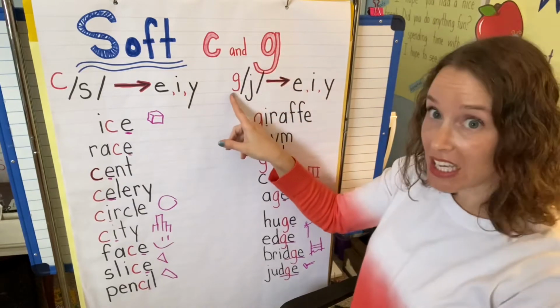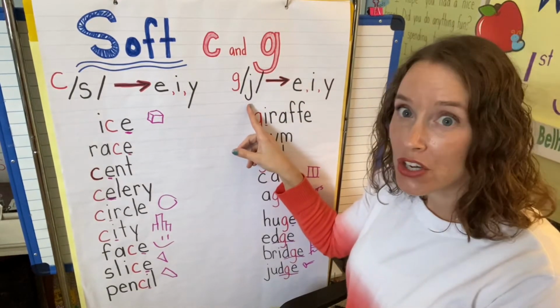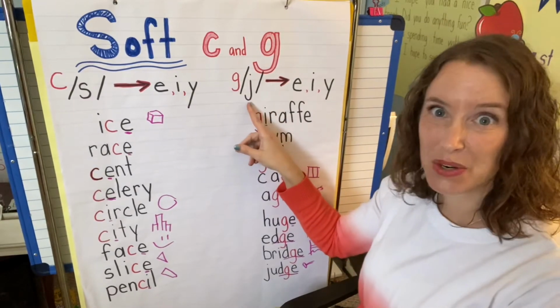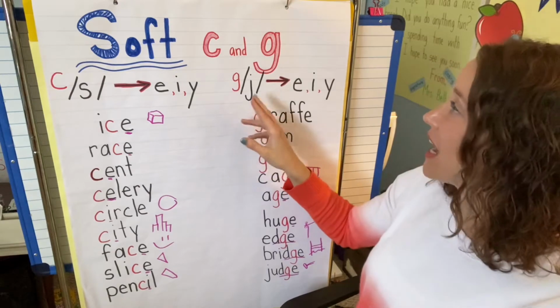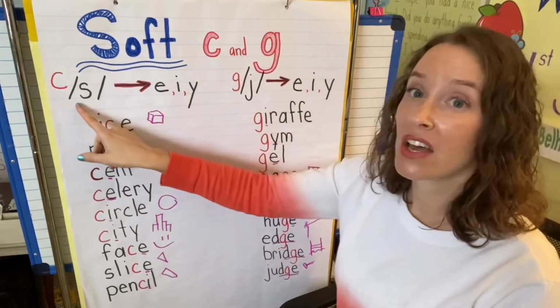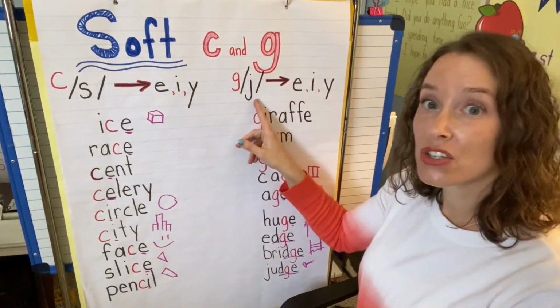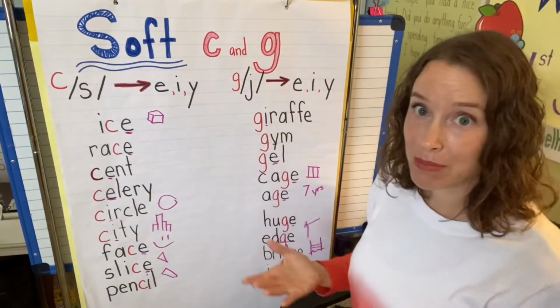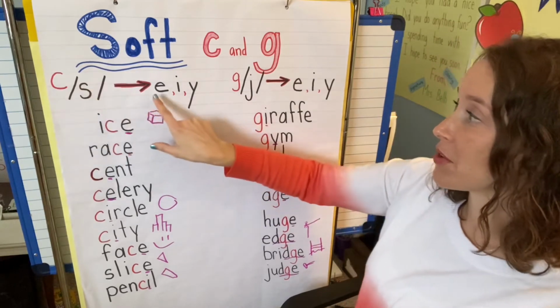Soft G, when G is a soft sound, it makes the J sound. Sounds like a letter we know, right? J makes the J sound. Okay, so soft C says S. Soft G says J.